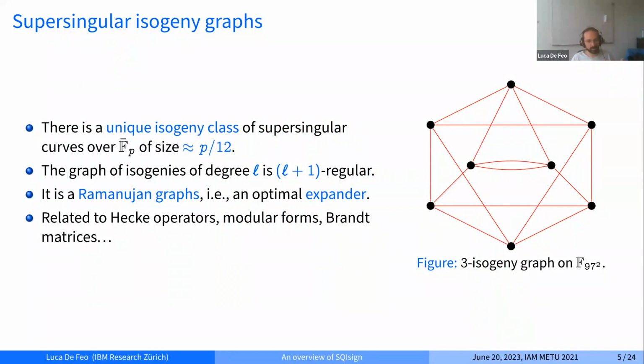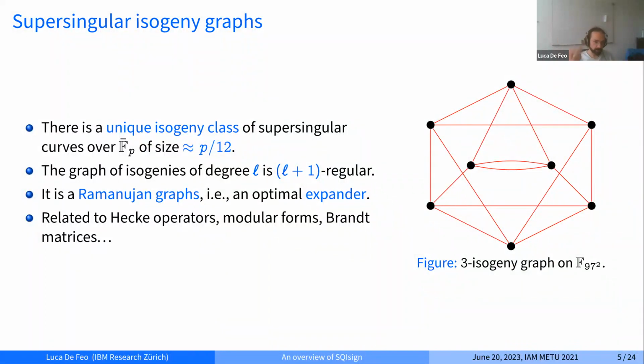The usual restriction is that, instead of looking at elliptic curves in general, we look at elliptic curves up to isomorphism. That means elliptic curves up to isogenies of degree 1, in a sense. Isomorphism is something very simple, so we want to ignore it. Let's think of a class of isomorphic elliptic curves as a single element in my graph.